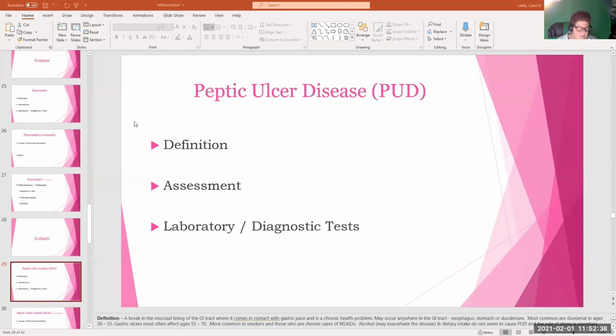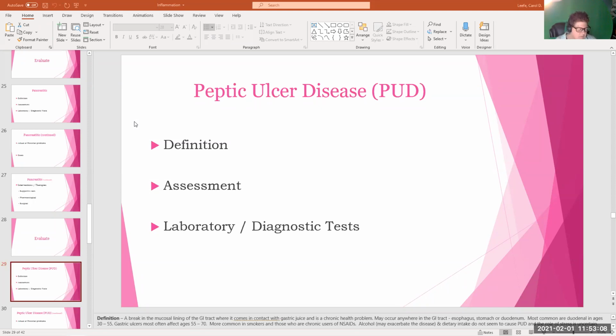And they'll use that with a PPI or an H2 blocker for 10 to 14 days. The quadruple therapy, again, is the 2 antibiotics with a PPI or H2 blocker and bismuth or sucralfate. And that, again, stimulates the mucosal bicarbonate and prostaglandin production so that it stimulates them to be able to repair themselves.